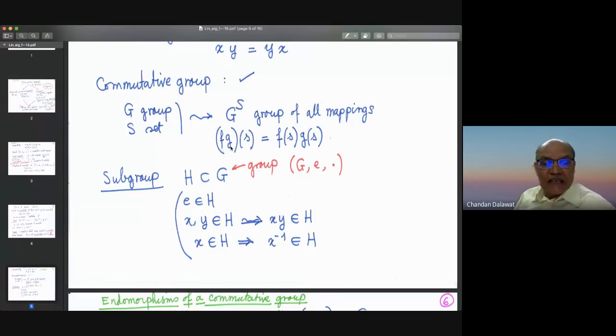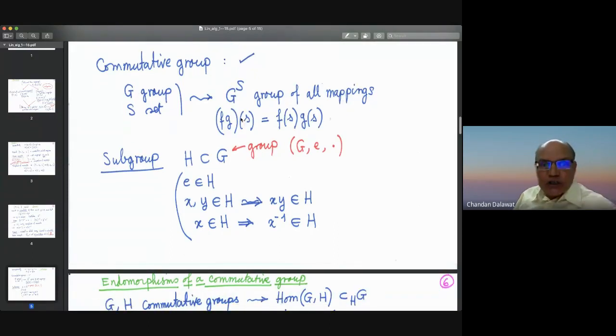If I have two mappings F and G, their product is another mapping, and the value of that mapping at little s, an element of capital S, is the product of the elements F(s) and G(s) in the group G. So that is sort of the product of S many copies of the group G.